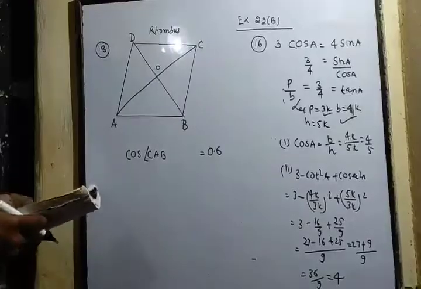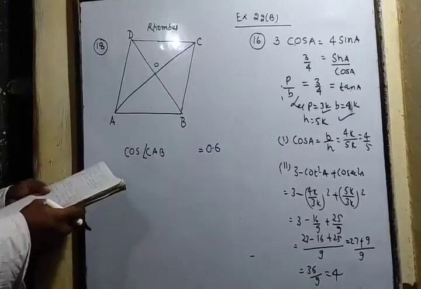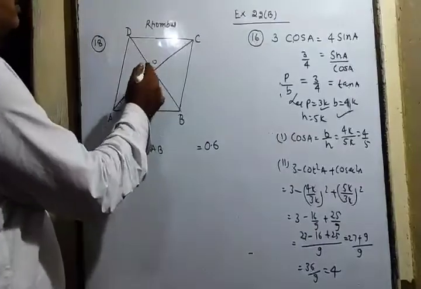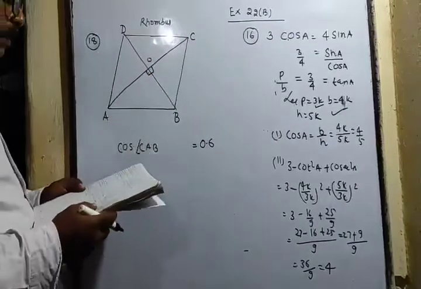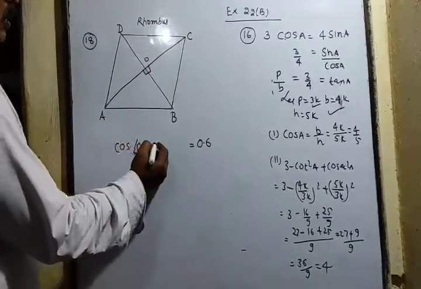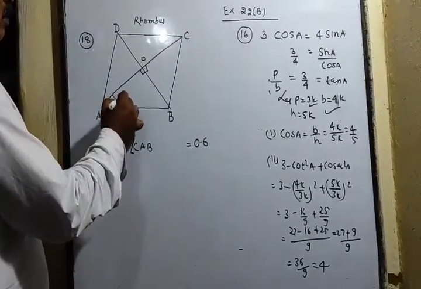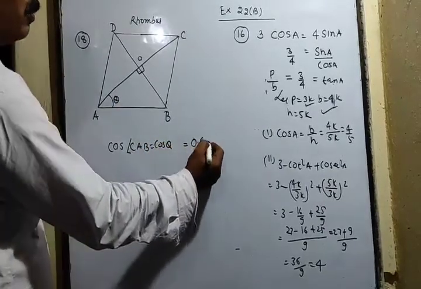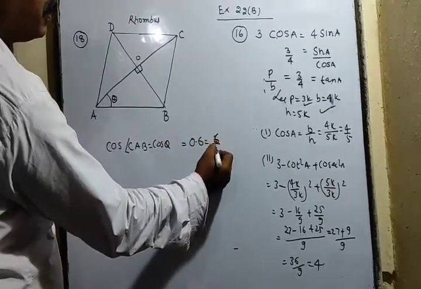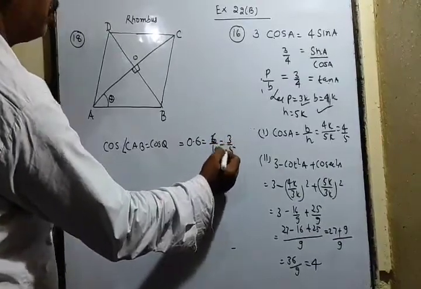Here in question number 18, it is talking about a rhombus whose diagonals are intersecting each other at O, and as you know diagonals of a rhombus are perpendicular to each other. Cos CAB, this is CAB, mark it as theta, cos theta is equal to 0.6, can be written as 6 by 10 or can be written as 3 by 5.